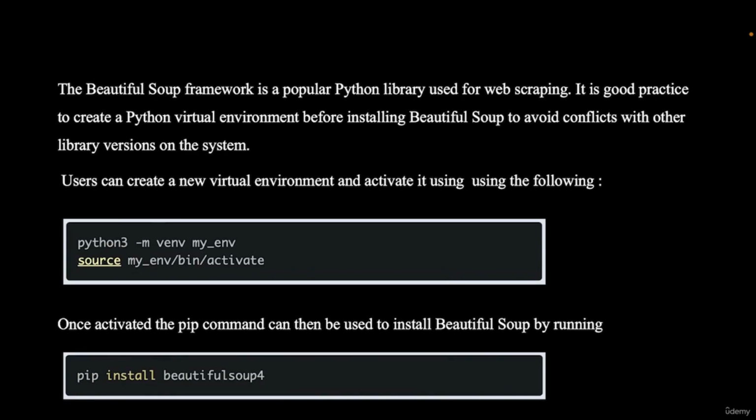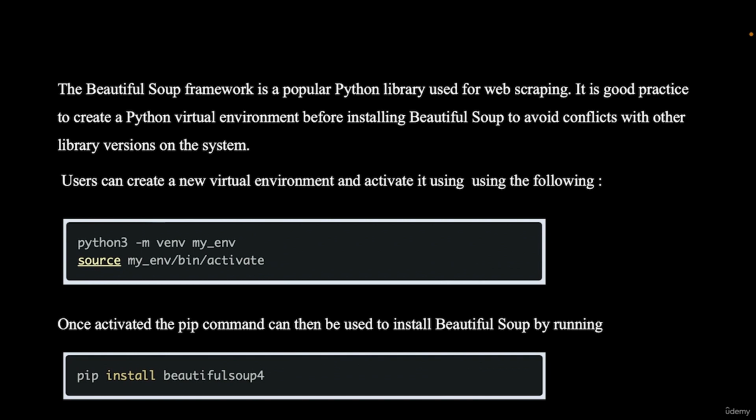So the first thing, which is best practice as we stated earlier, is to create a virtual environment. The virtual environment is necessary so as to prevent conflicts with other library versions on your system.